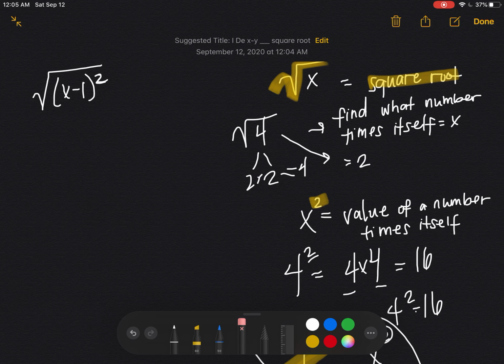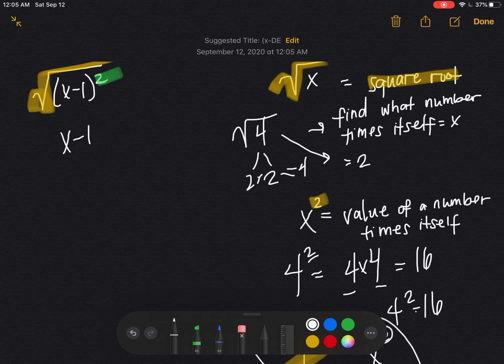So when I go to the question that we have here, I have, again, square root of x minus 1 squared. So what I'm going to do with that is I'm going to say, okay, well, I have the square root symbol there, and I have my squared there, and I know that both of those things means that they are canceled out.